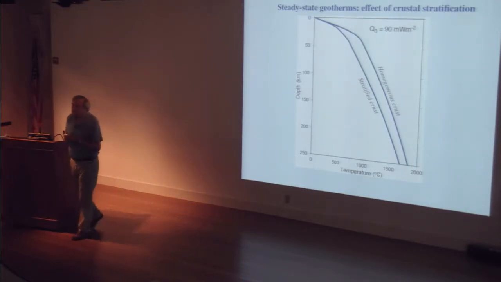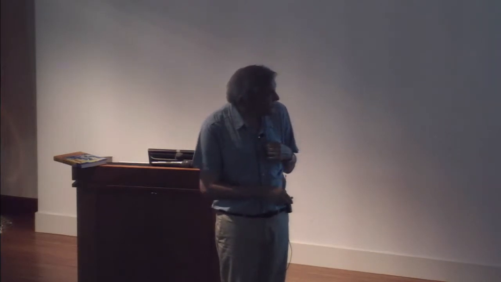Just a point of clarification, it's the exact same crust composition. It's the same bulk heat production, either homogeneously distributed or stratified in the upper 10 kilometers with some lower crust, as I've shown previously. And you can see the enormous difference in the temperature. So it's extremely important to account for vertical stratification in the crust.